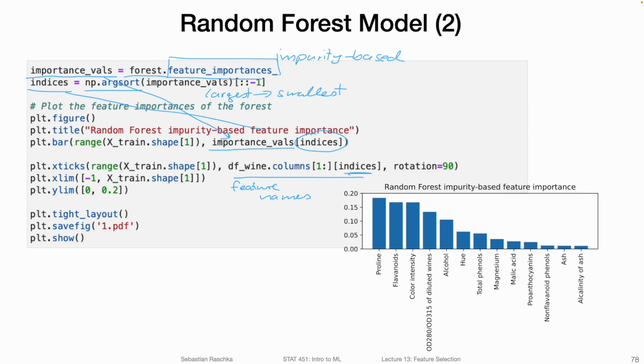So why do we do that? That's so that we can have the feature importance in descending order, and we have the corresponding names here, which is usually quite convenient. So we can say proline is the most important feature for the random forest based on impurity, then flavonoids is the second most important, and so forth.